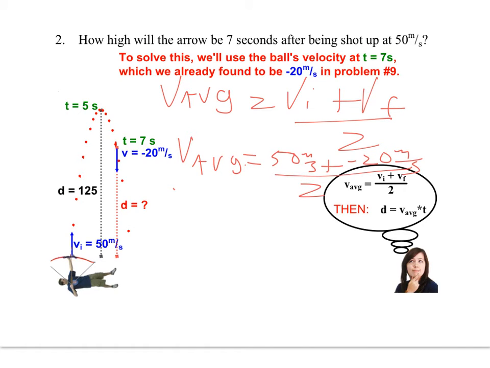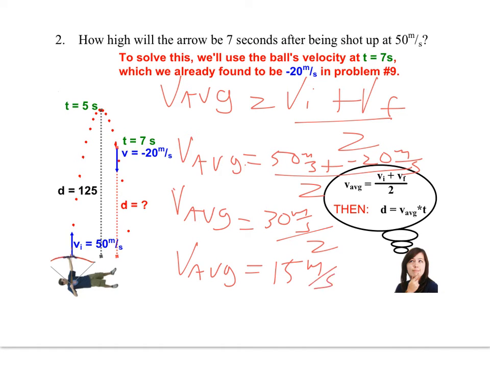I'm going to divide that by 2. V average is equal to 50 minus 20, so that's 30 meters per second divided by 2. So different time frames, different average velocity. The average for that 7 seconds is 15 meters per second.